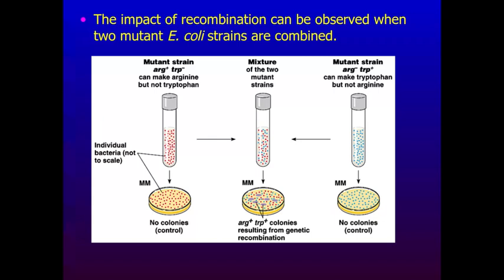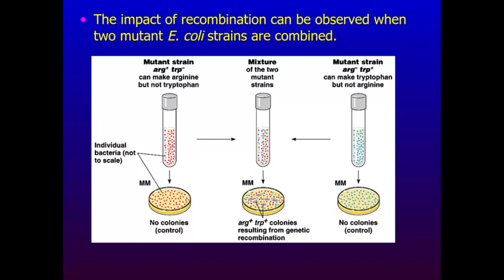So here's a simple experiment looking at the impact of recombination between two different strains of bacteria. We start off with a mutant strain that can make the amino acid arginine, but it cannot make the amino acid tryptophan. Bacteria, just like us, need those 20 amino acids.